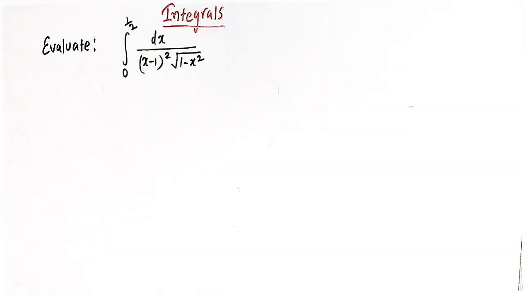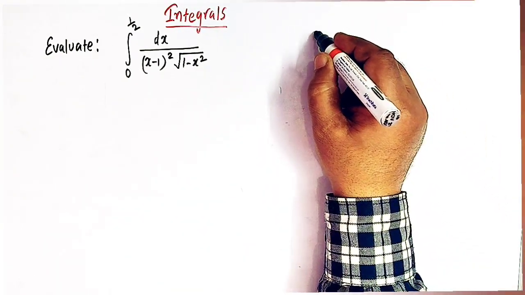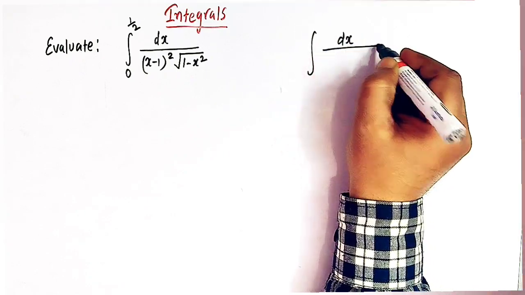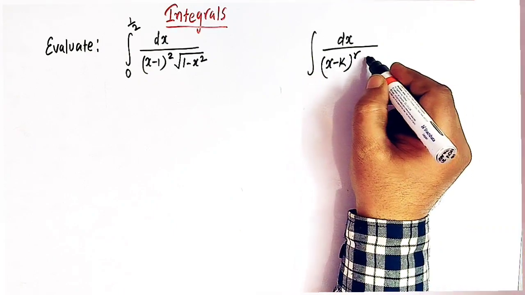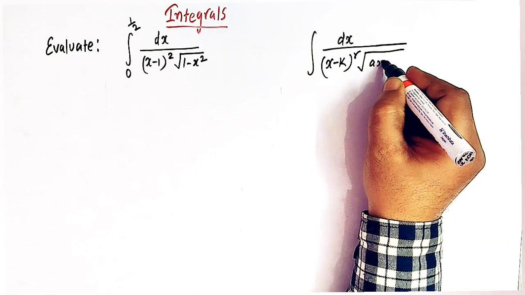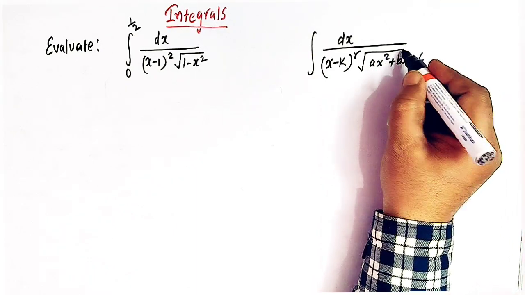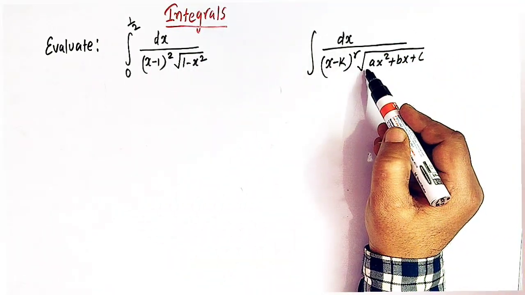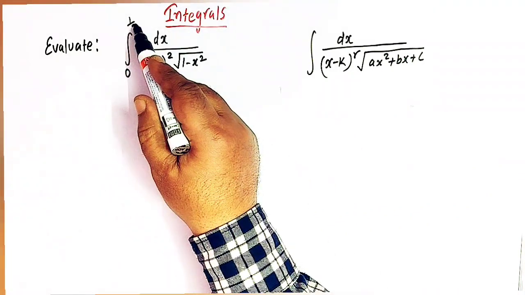So now let us first take the general case. Here we'll see integrals of the type dx over (x minus k) raised to r, times the square root of a quadratic polynomial, ax square plus bx plus c. Our given integral is of this form, with limits 0 to half.